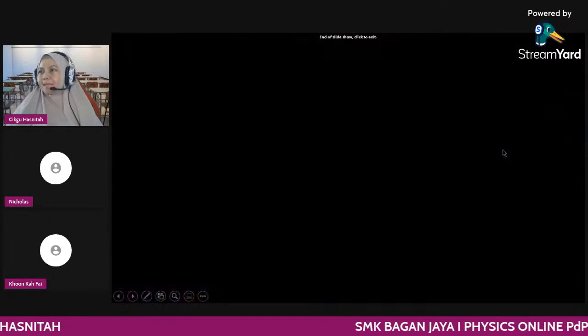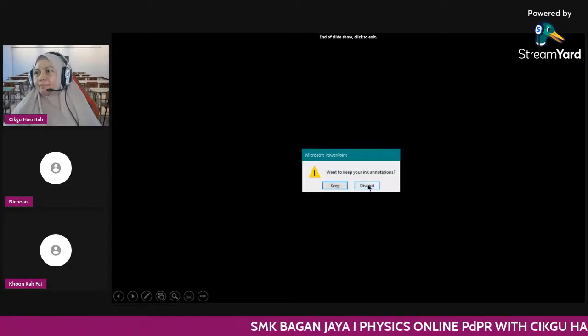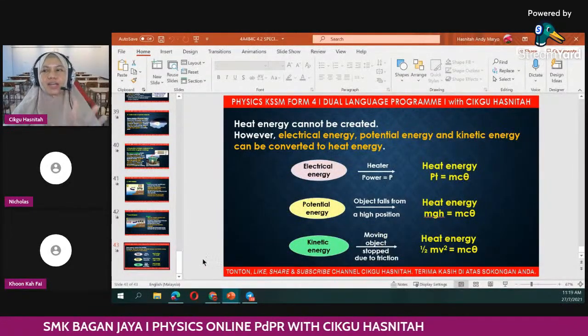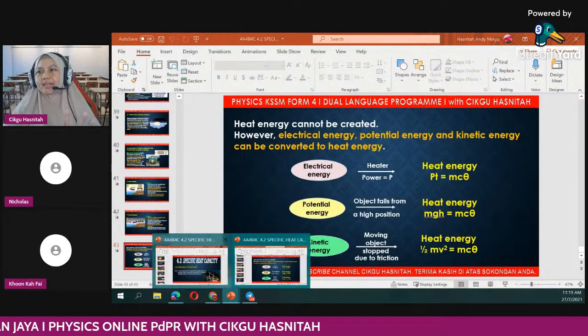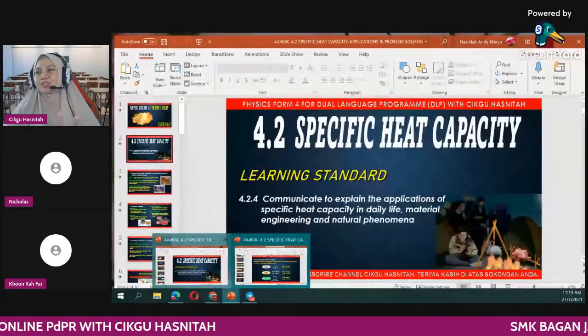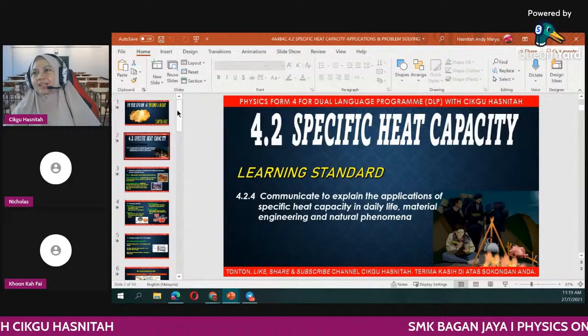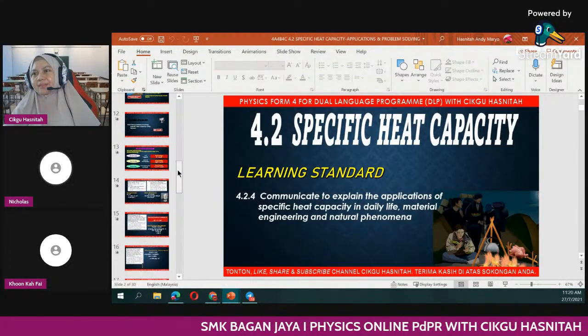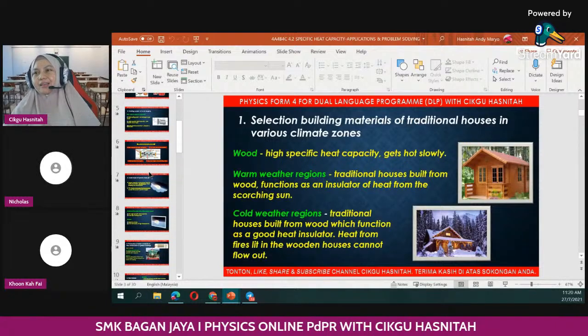We assume that there's no heat loss. In all calculations, we assume that there is no heat loss to the surroundings. But for realistic situations, heat loss will appear.